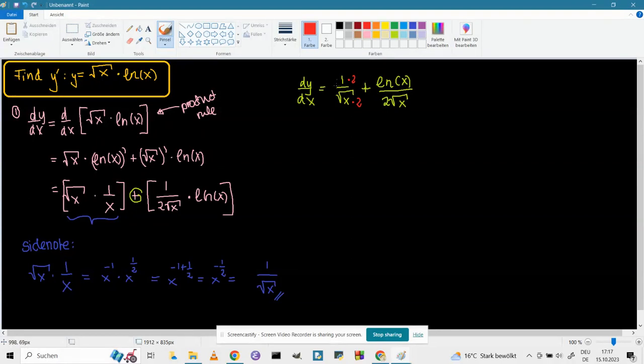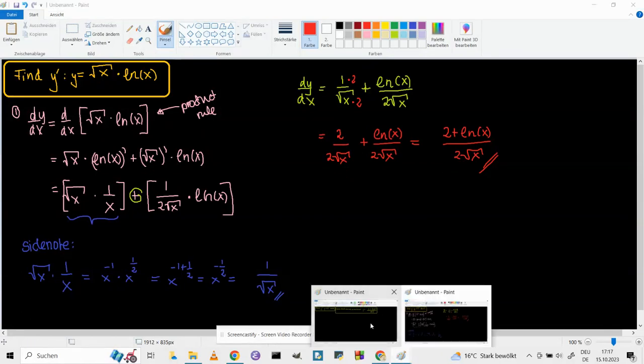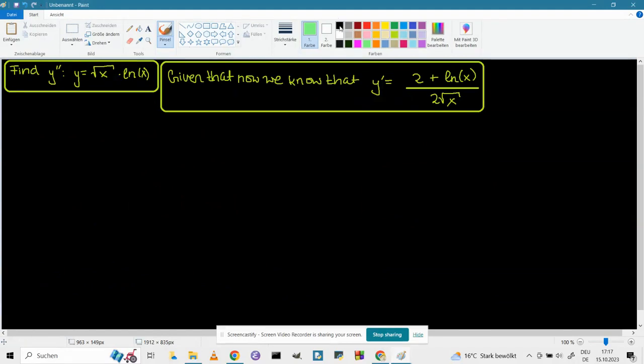So we end up with 2 over 2 square root of x plus ln of x over 2 square root of x. And that means that we really have 2 plus ln of x over 2 square root of x, and that is our first derivative.